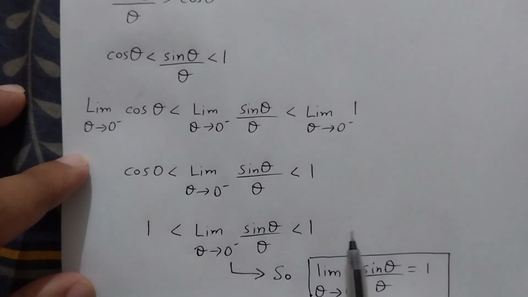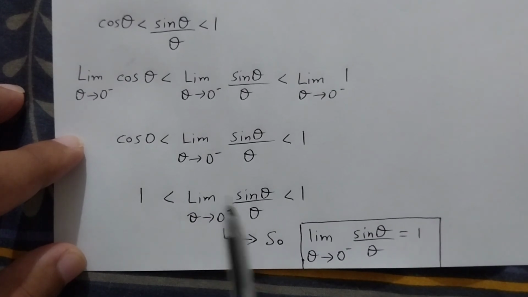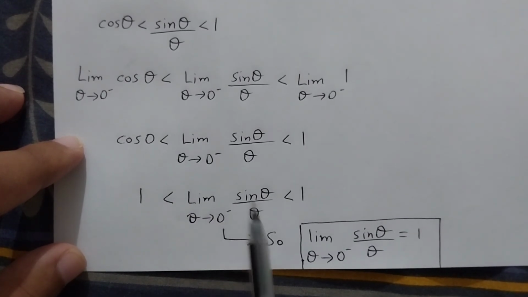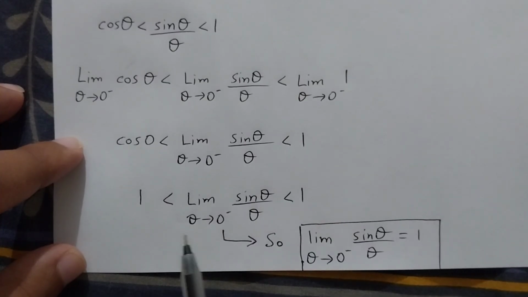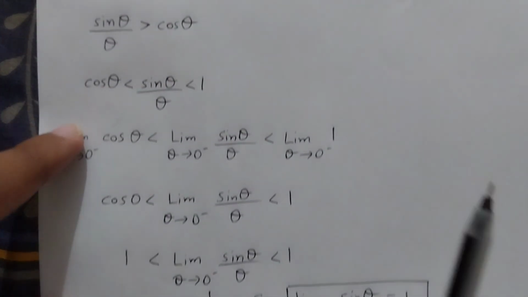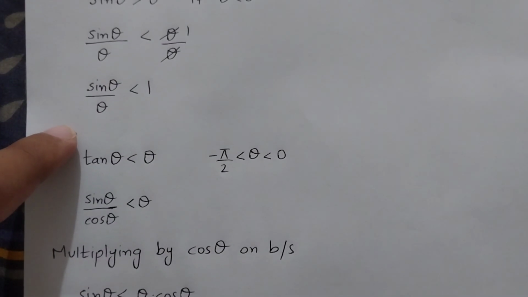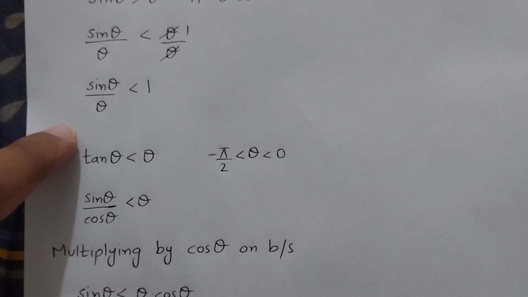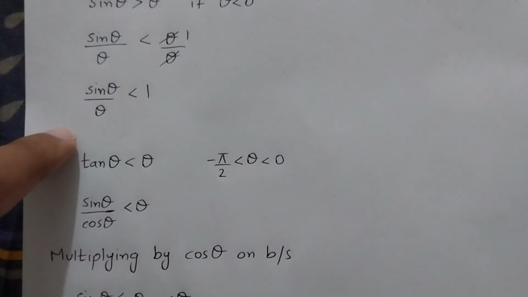So we get 1 and 1 on the extremes, and the middle thing, this limit of sin theta over theta, when theta approaches 0 from the left hand side, becomes equal to 1 by the sandwich theorem. So we have proved that because both the left hand and the right handed limits were equal to 1, this limit is equal to 1 when theta approaches 0.